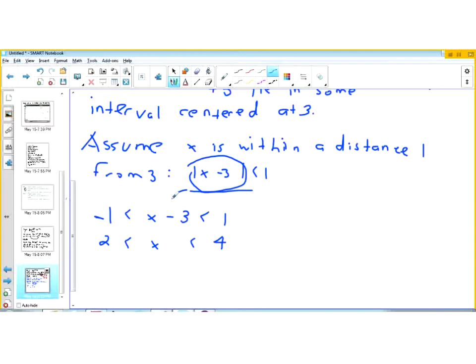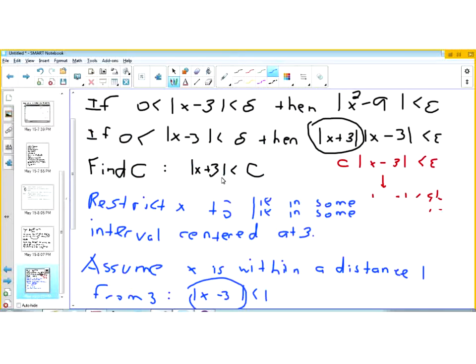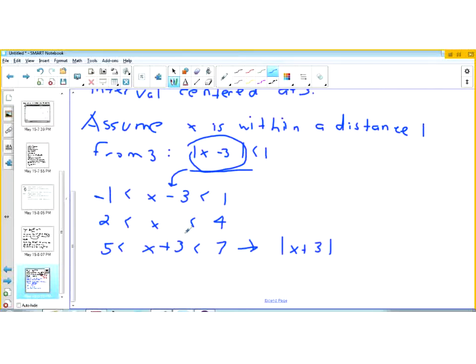Now, what did we say C was? C is the upper bound for the absolute value of x plus 3. So I take this absolute value being less than the number, I solve for x, and of course, I add 3 to all sides of the inequality, and then I convert the inequality into an absolute value.